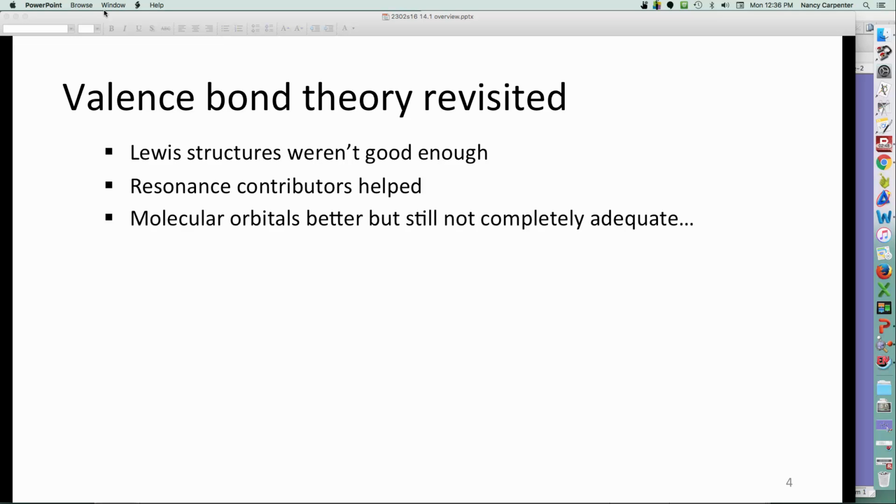But it still doesn't really explain things in terms of molecular orbitals. And when we have been thinking about molecular orbitals, we're not really able to extend them to these systems that have more than 2 atoms in them. So what's the deal here?